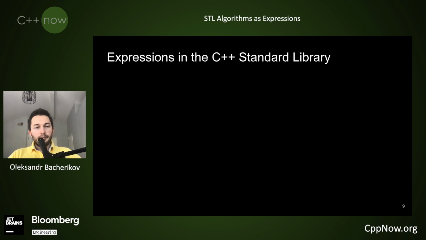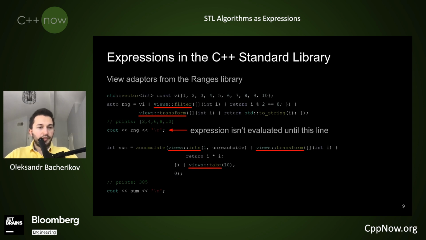And I can be mistaken, but looks like the first examples of this appear only in C++20 in the form of view adapters from the ranges library. So in here, I have underlined some of the views that create expressions, like filter, transform, take, and so on.